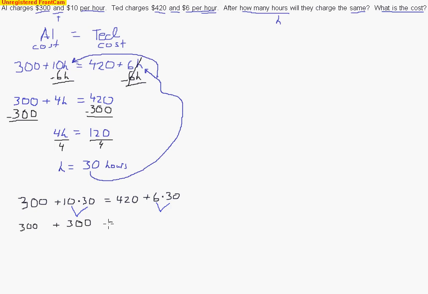On the other side, we still have this 420, but we go ahead and multiply the 6 and the 30, we get 180. And when we go ahead and add these numbers together, that 300 and the 300, and we add the 420 and the 180, well, we end up with the same numbers. We end up with $600.